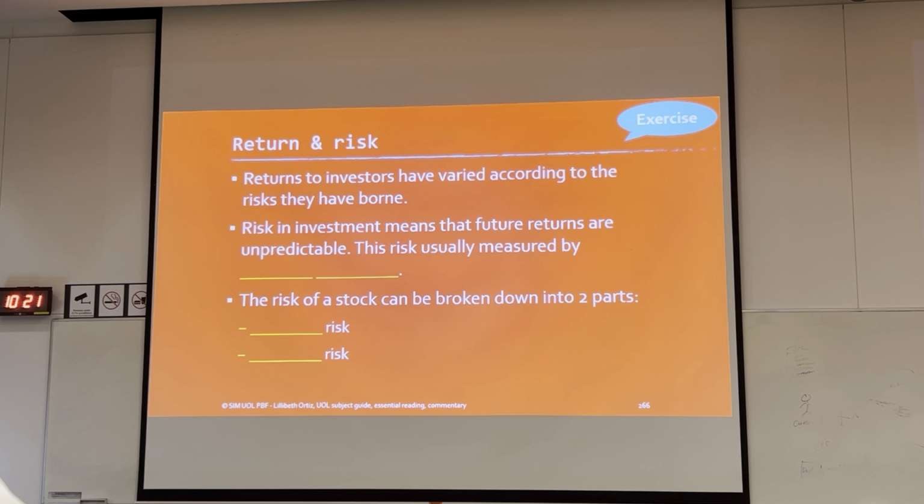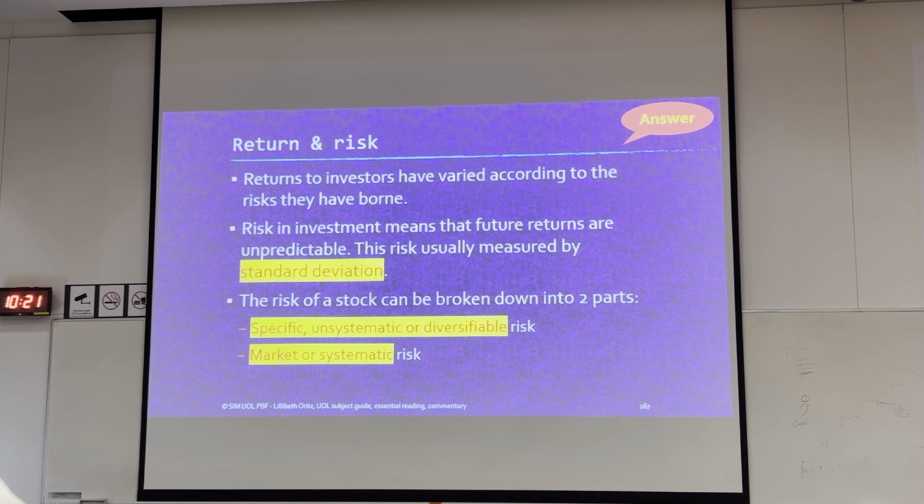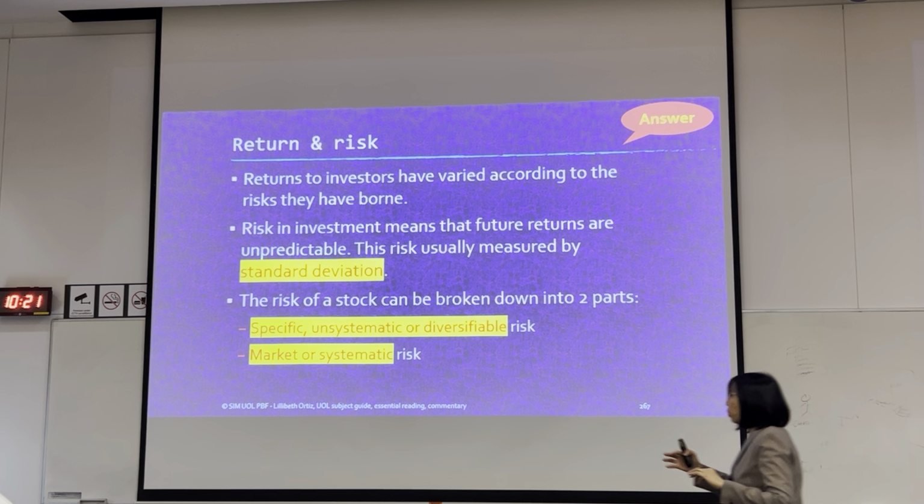Specific and market, right? So you can split the kind of risk specific to that company, to that industry, that is specific to that particular stock. But there are risks that all the companies are exposed to, for the whole economy, which we just call market risk. Right? Now, also there are many names.